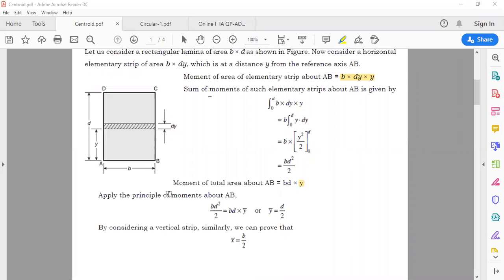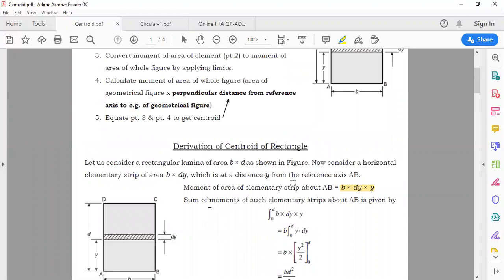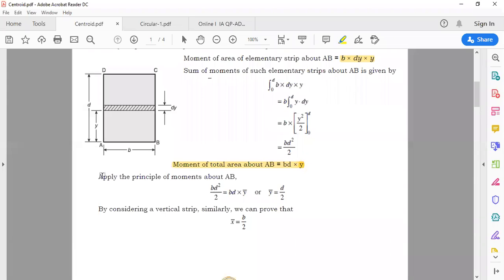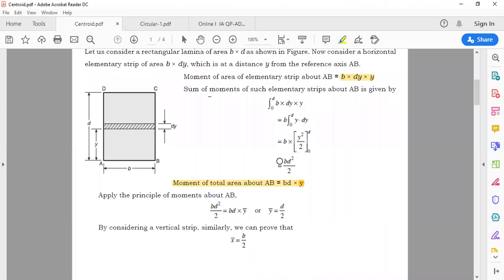So by this, I get the fourth point. Fourth point, calculate the moment of area of the whole figure. Area of the whole figure, it is BD into y bar. So next is equate 3 and 4. Point 3 and point 4. That is, you are going to equate this BD square by 2 and BD into y bar.